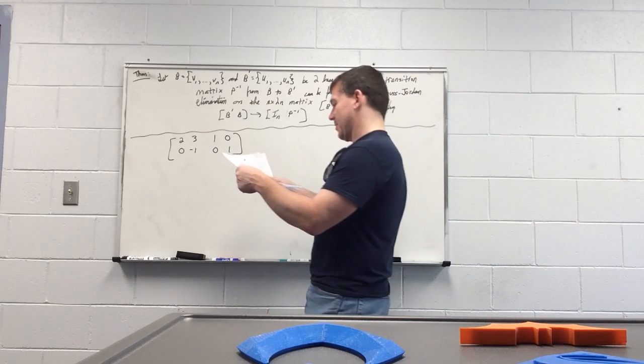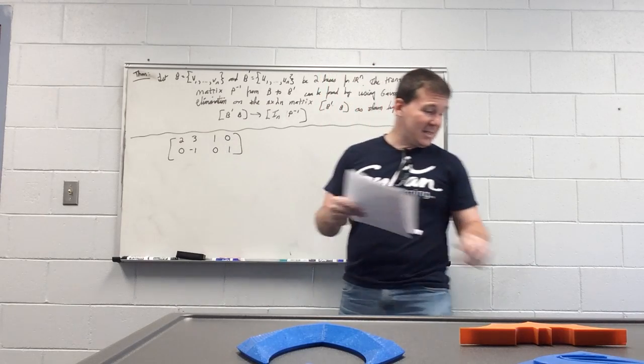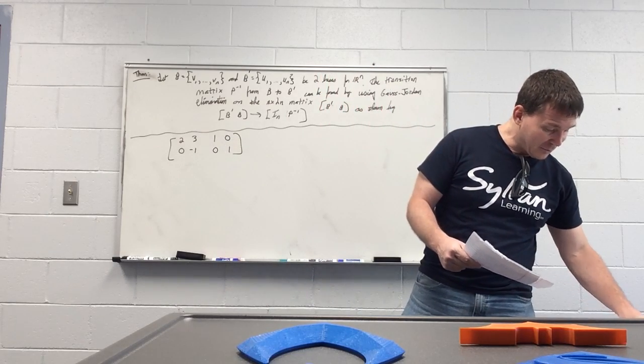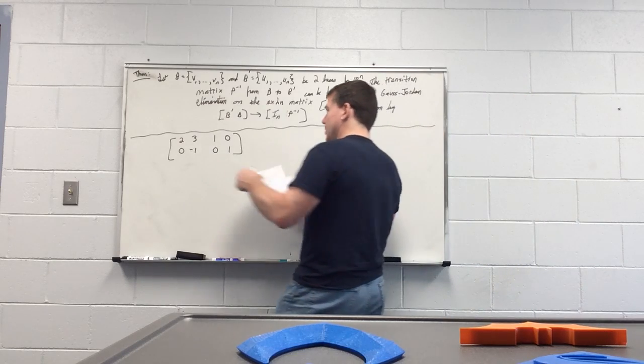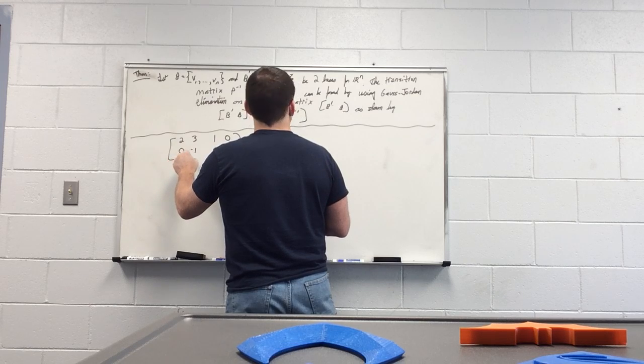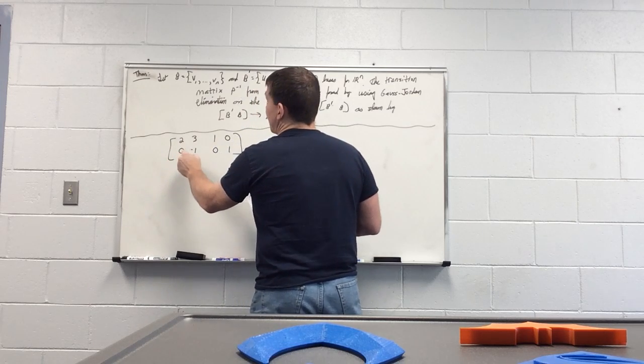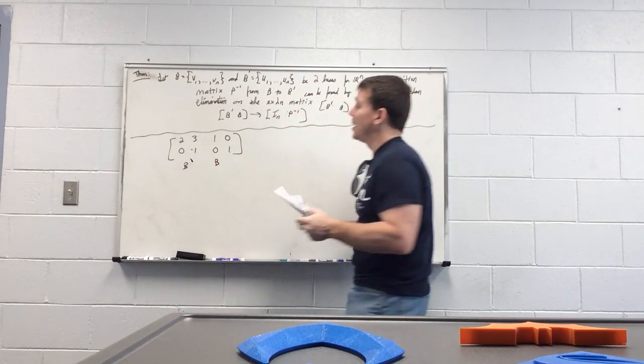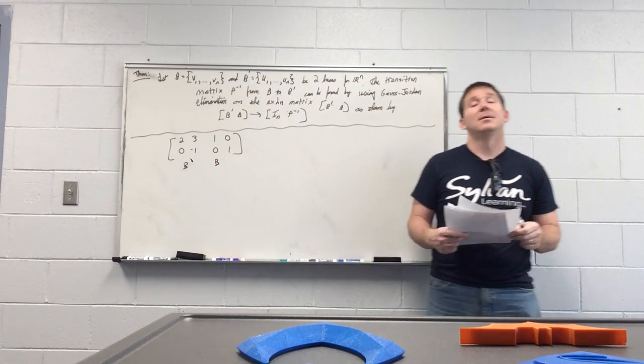And no, this is actually what I did at the end. The basis that I used, I have multiple pages here that I'm pulling up. The basis that I used was 2, 0, 3, negative 1. So this was, just to use this notation, B prime. And we'll call this one my standard basis B.